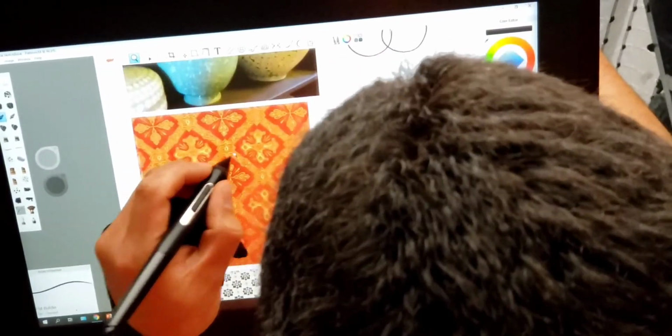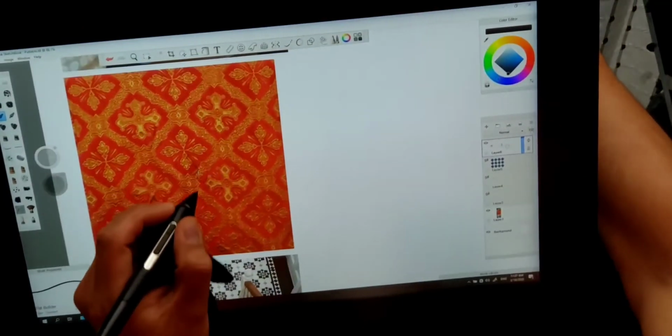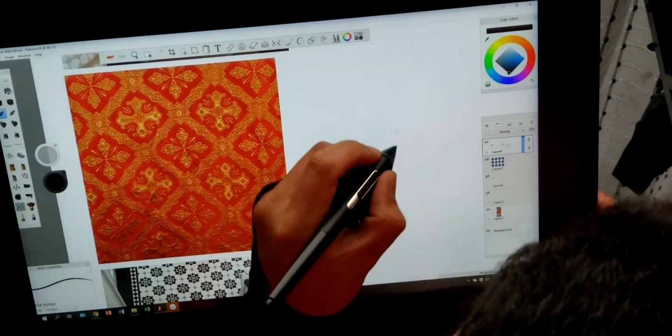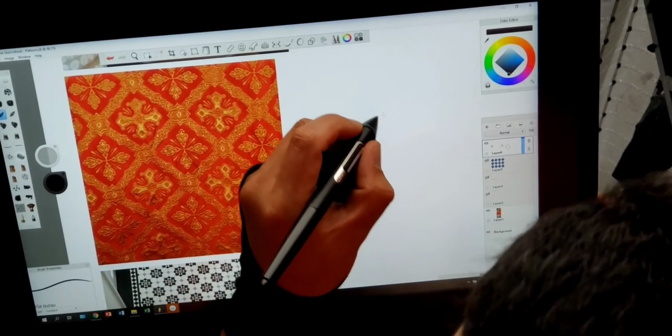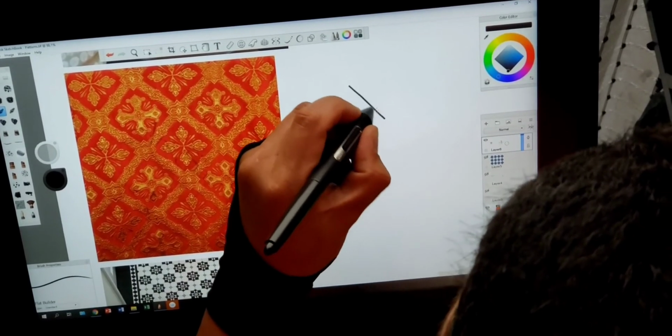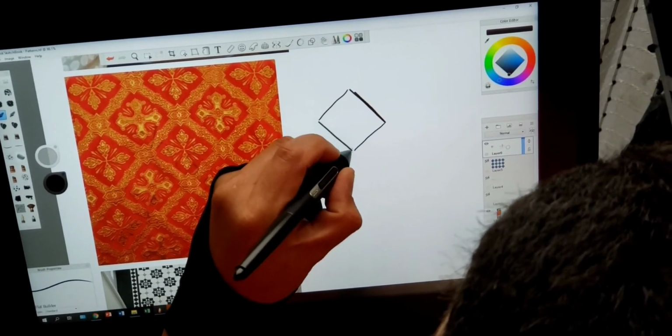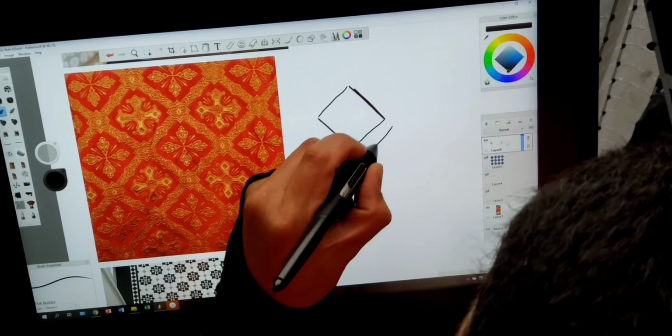Basically over here in this fabric, you're going to notice how the pattern is basically rhombuses, similar to the ones that we drew before, only that this time you're going to see a little space between the rhombuses.